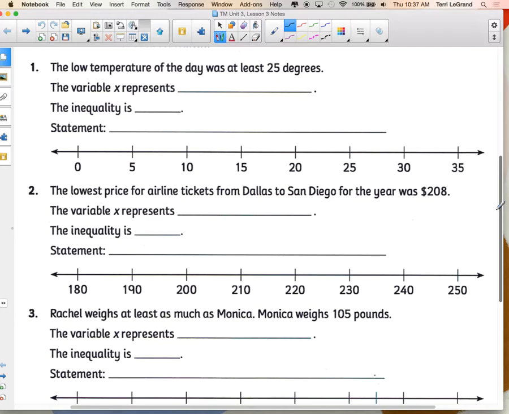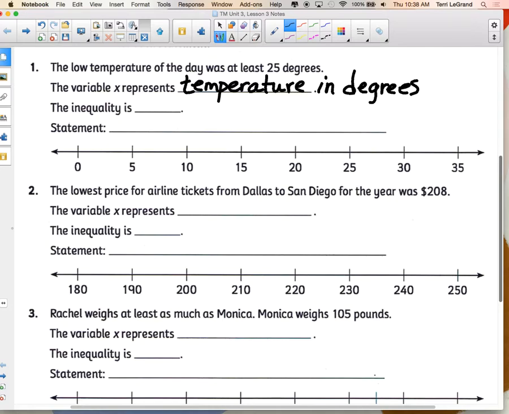What are they talking about? They're only talking about one thing, the temperature of the day, right? So the variable x represents temperature in degrees, we'll say. That's the only thing they're really talking about in this problem.